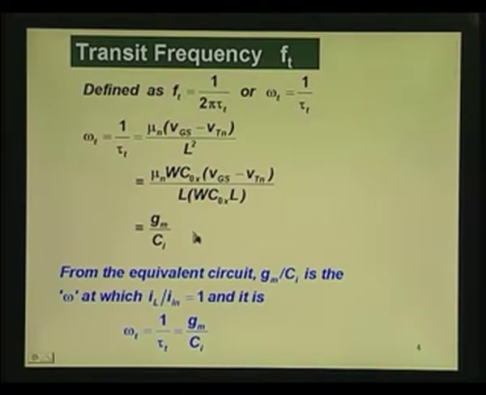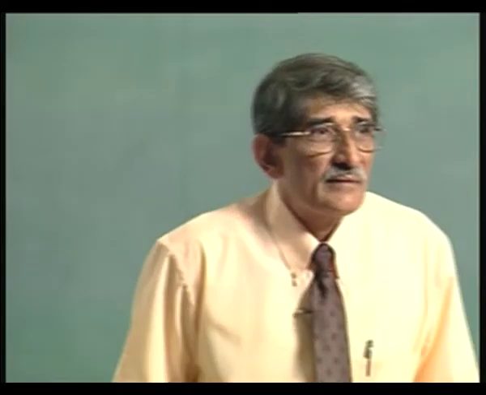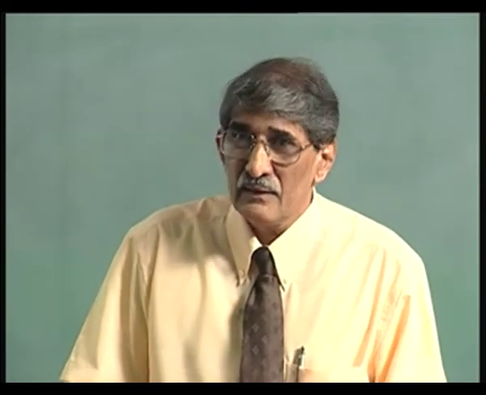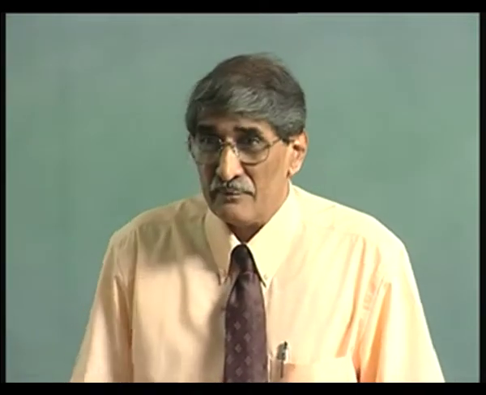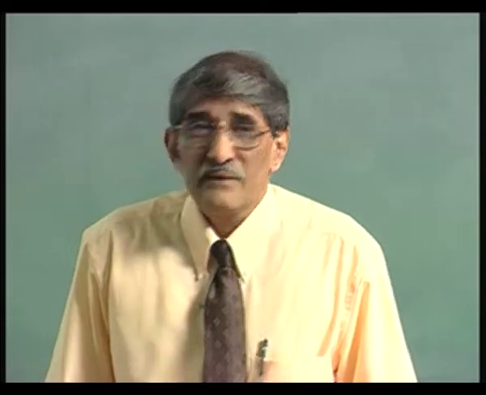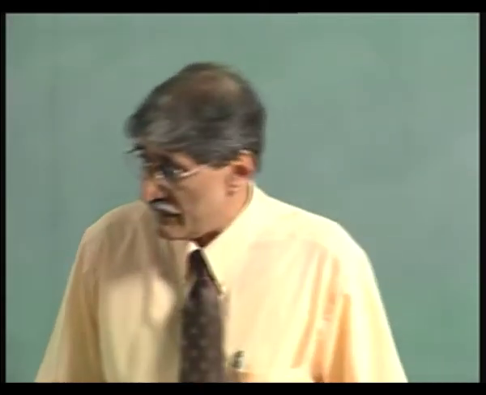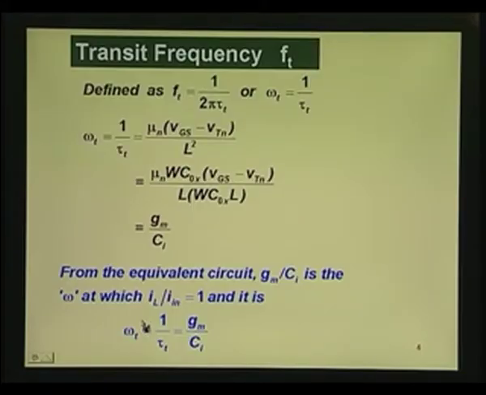So, what we are saying is if you want to keep this omega t or the transit frequency high, you need to keep the transit time low, which can be achieved by reducing the channel length and also having high mobility. That all we saw last time. And in terms of the parameters for the circuit engineer, you can say the Gm, transconductance, must be high, and the capacitance associated with the device, including the stray capacitance, must be low.